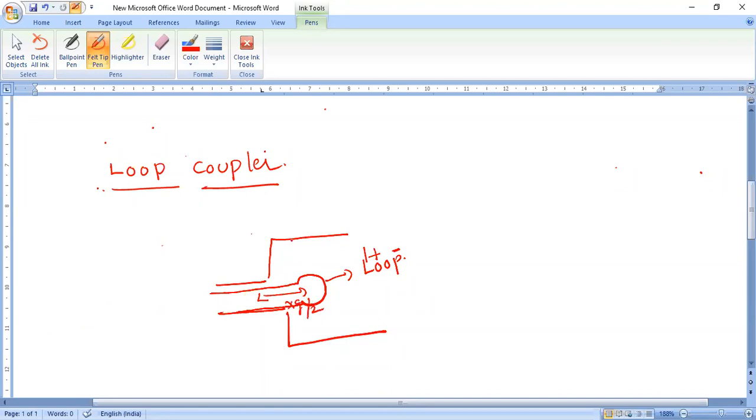We can place it at the top, the bottom, or the side. But the condition is that the plane of the loop should be normal to the electric field lines for maximum coupling.